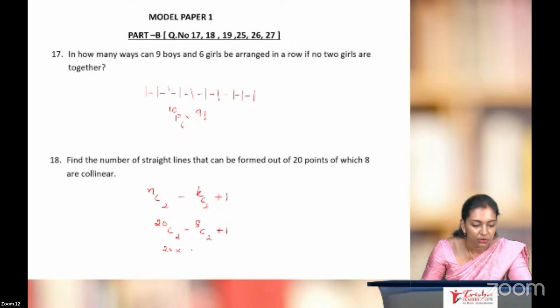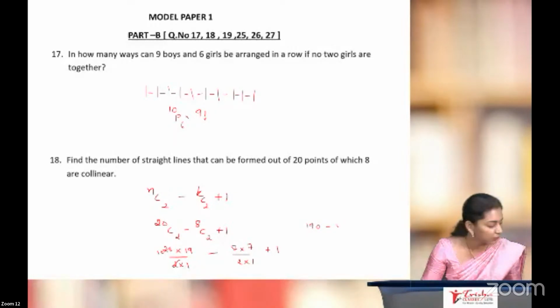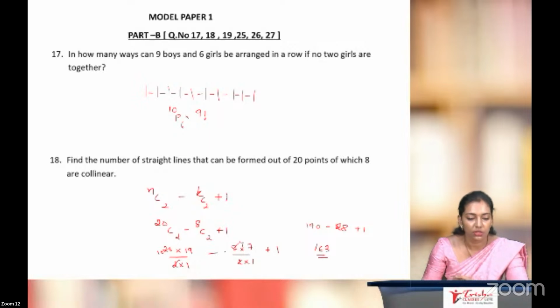So 20 into 19 divided by 2 into 1, minus 8 into 7 divided by 2 into 1, plus 1. The simplest method. So 190 minus 28, plus 1. So 163 is the answer. Just try it out once.